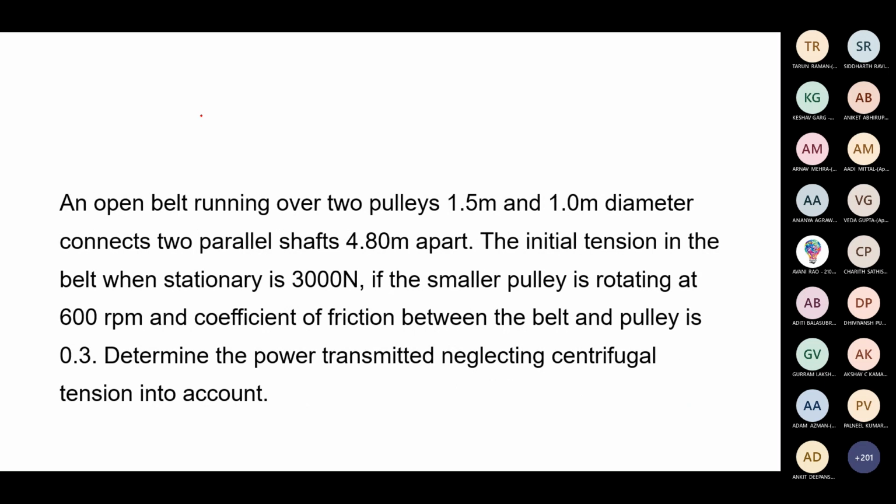Next problem. Can you see the question? We'll move on to the next problem. Can you read the question? Yes, sir. Take it down.